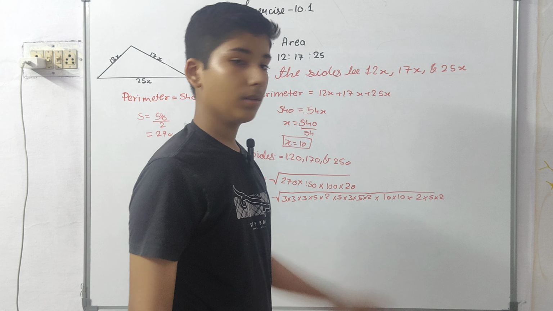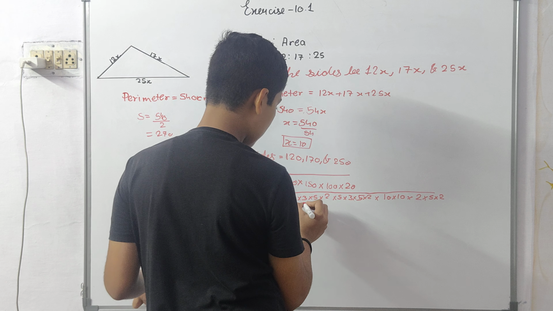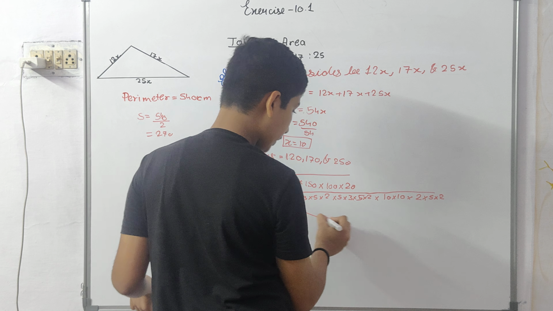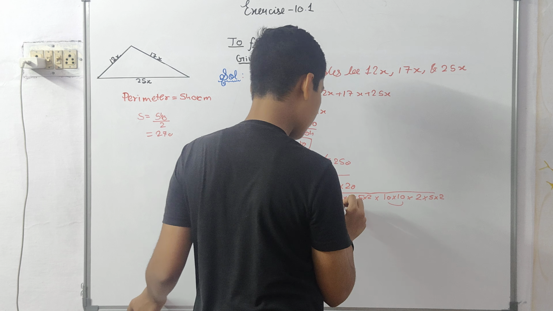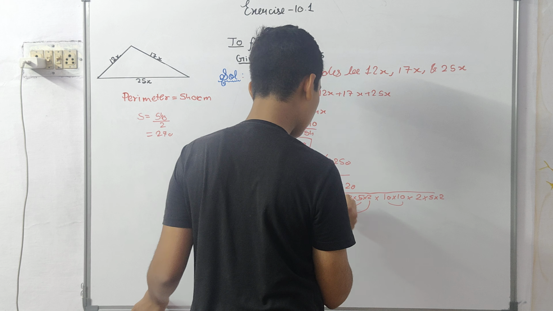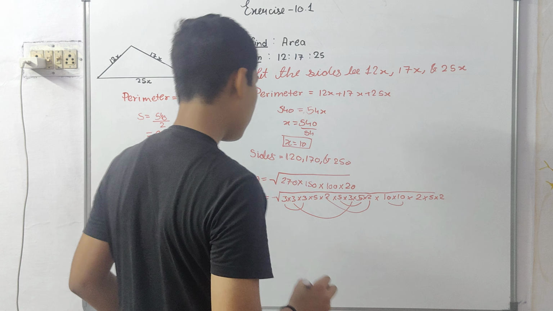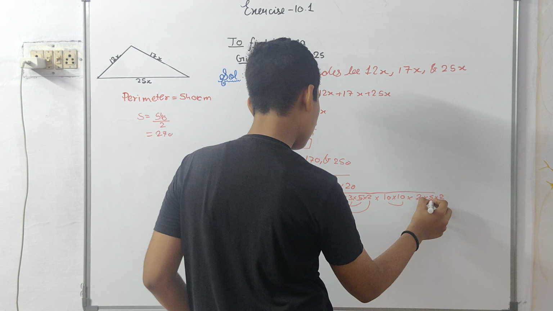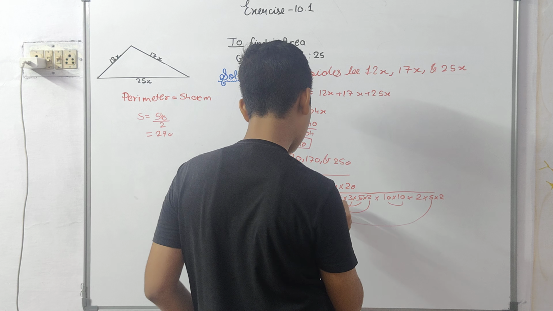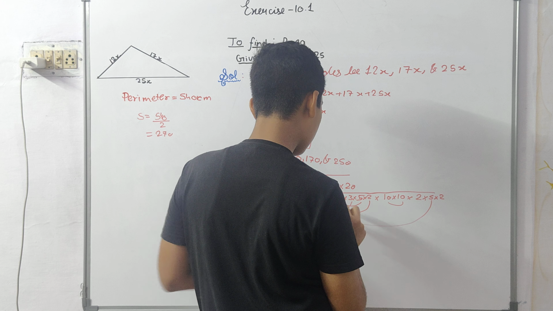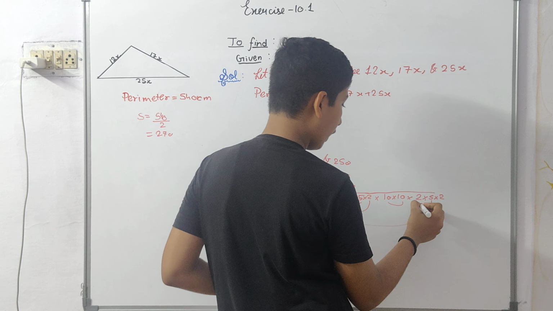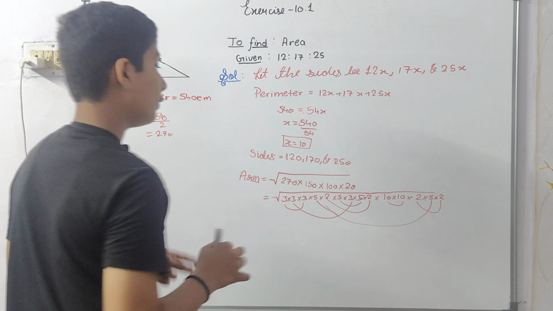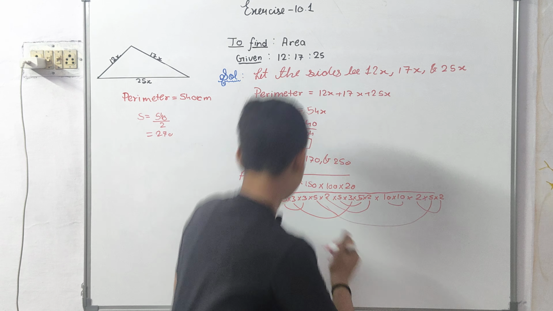Okay. Now let's make the pairs. 3 3 one pair, 3 3 a pair, 10 10, 5 5, 2 2. What is left? 5, 5 and 2. So all of them have a pair.